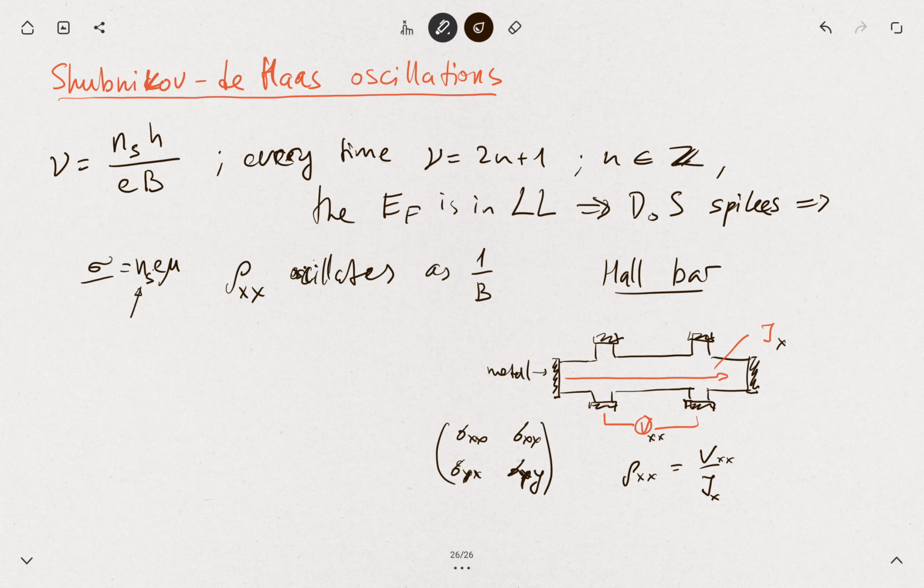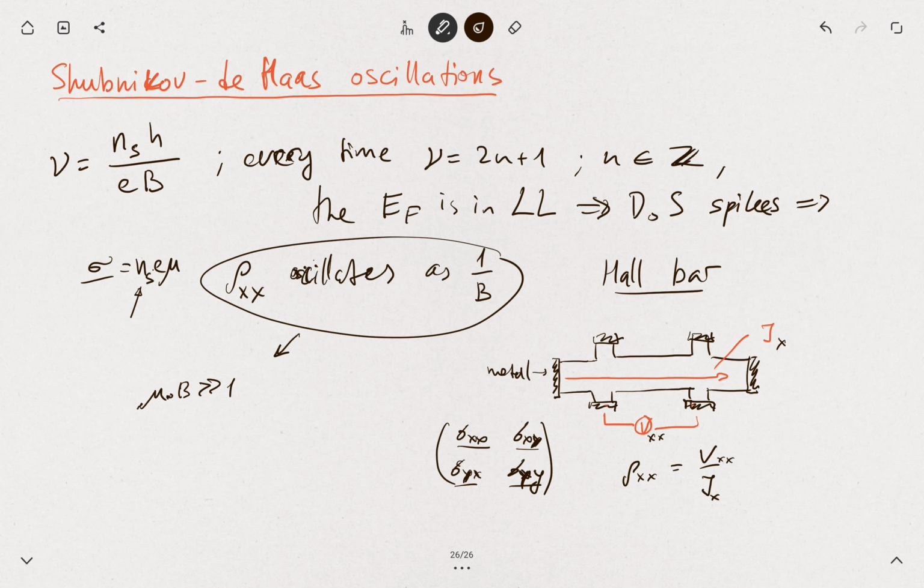The sigma xx and sigma yy for isotropic samples are equal to each other, and sigma xy and sigma yx are antisymmetric. So rho xx oscillates as 1 over B, and the oscillations usually start when the product of mobility times magnetic field is greater than 1. So the mobility times the magnetic field should be bigger than 1.